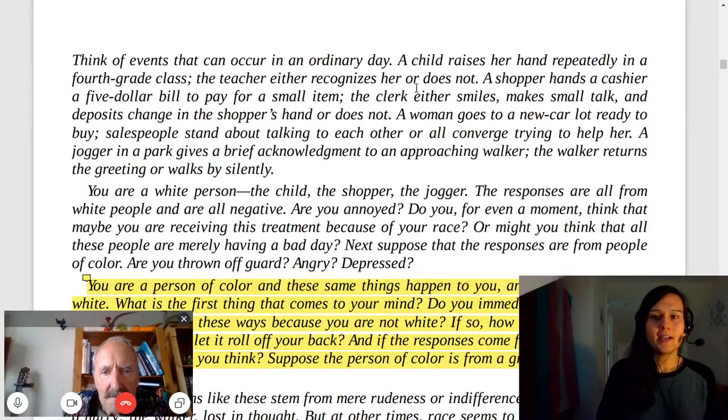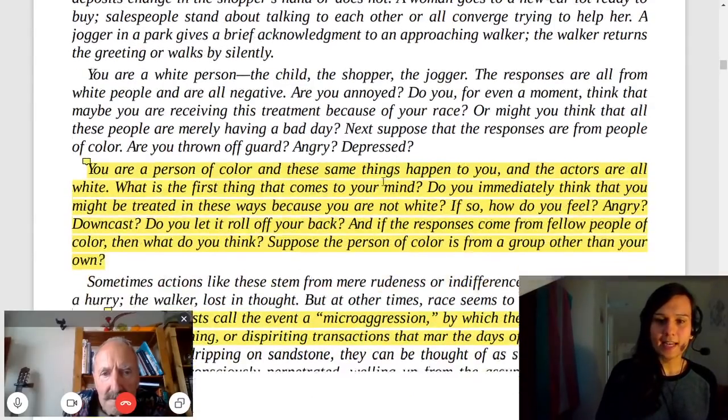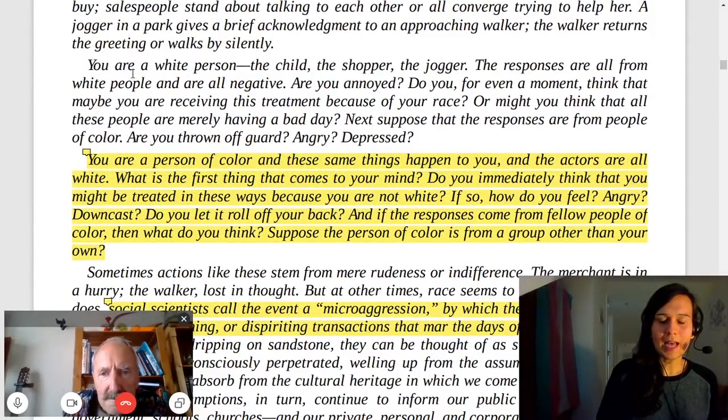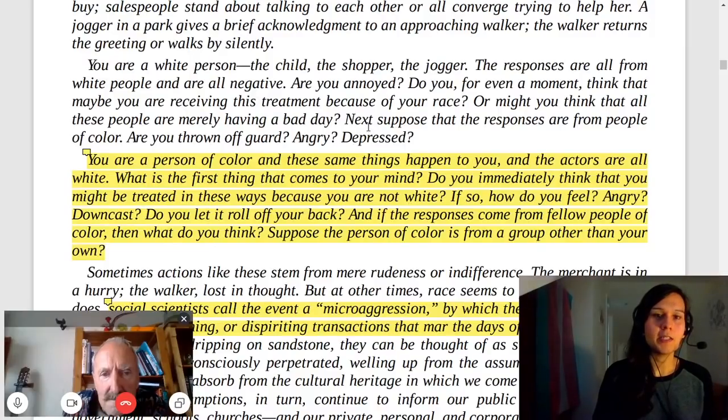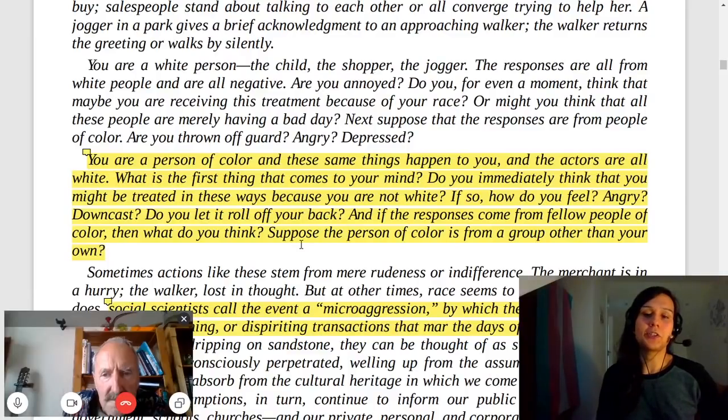A shopper hands a cashier a $5 bill, the clerk smiling or making small talk, because you mentioned smiling exactly. And they say that when discussing how a white person and a person of color might react to it, the white person is less likely to think of it as a racial thing, and the person of color may regard it as a racial issue.